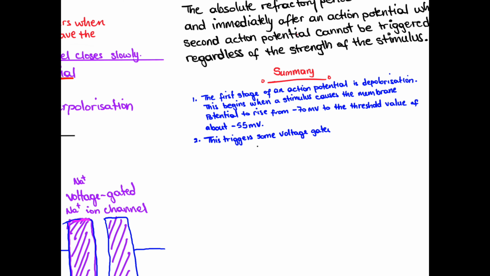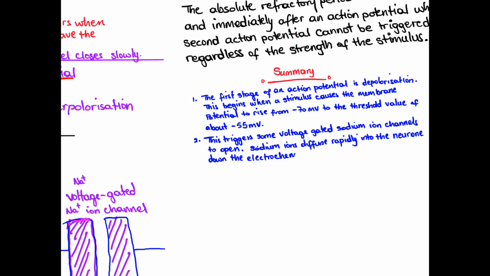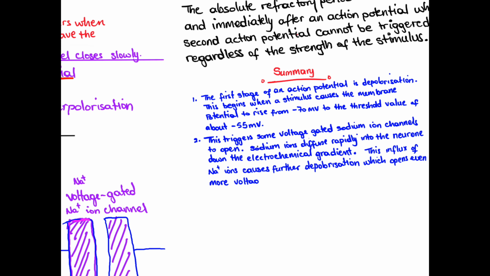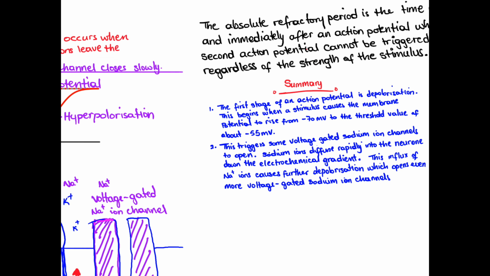Step 2, this triggers some voltage-gated sodium ion channels to open. Sodium ions then diffuse rapidly into the neuron down the electrochemical gradient. This influx of sodium ions causes further depolarization, which opens even more voltage-gated sodium ion channels.